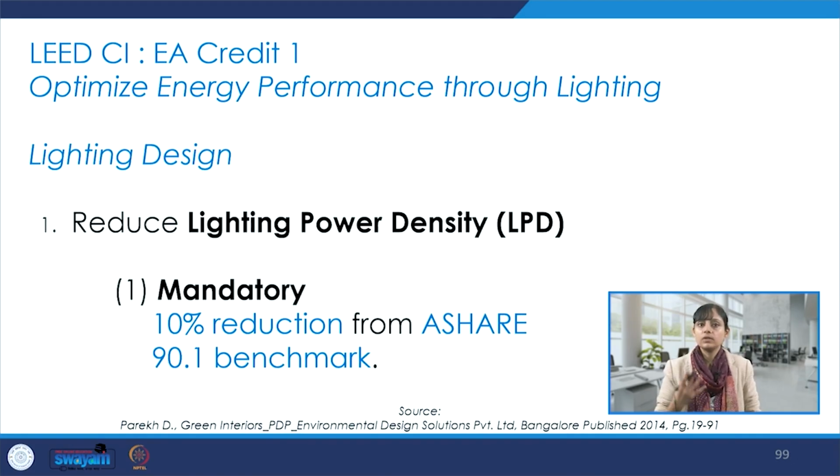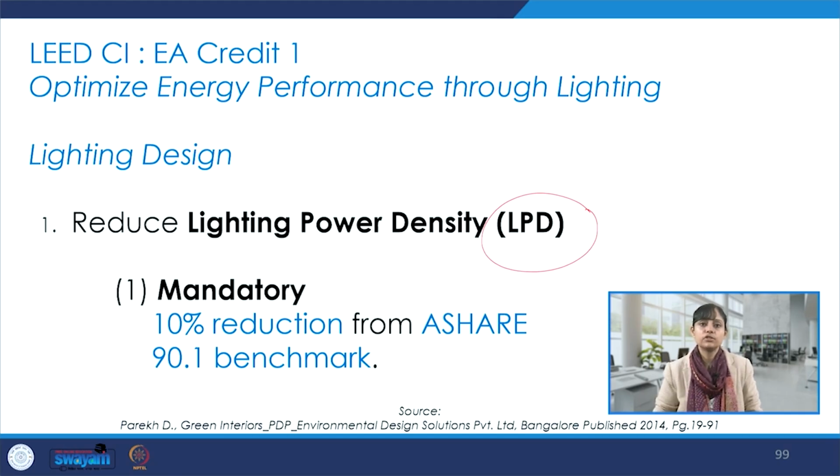So when we talk about lighting design, reduce LPD, lighting power density. I'll just show you after a few slides what exactly it is. And it has a lot of role for our interior design projects.